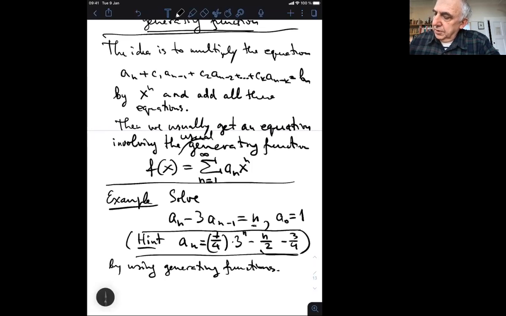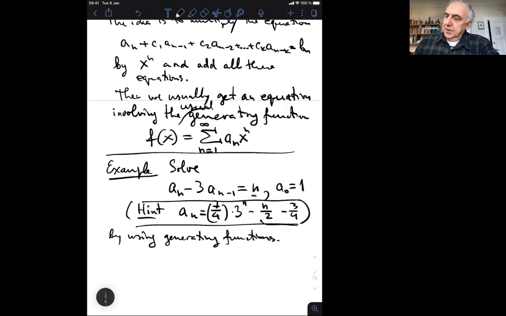Okay, so I'm multiplying this equation by x^n.